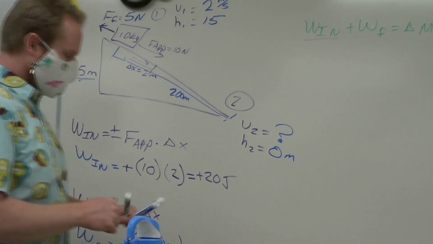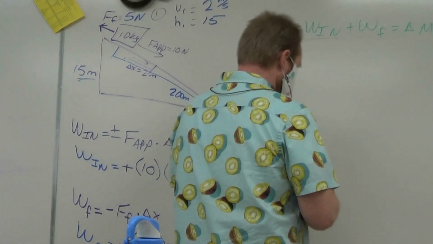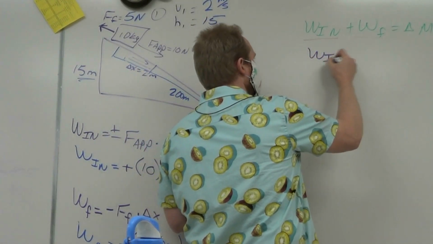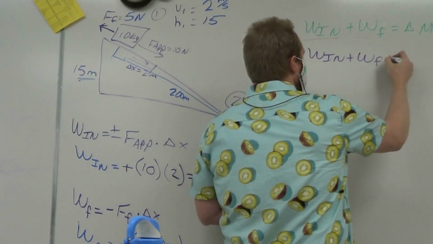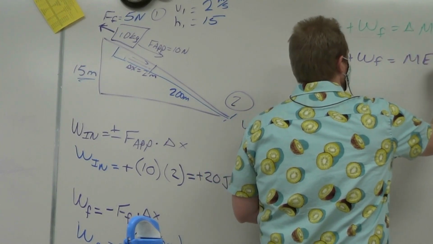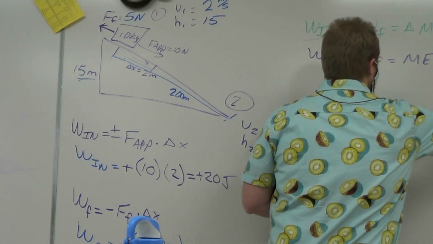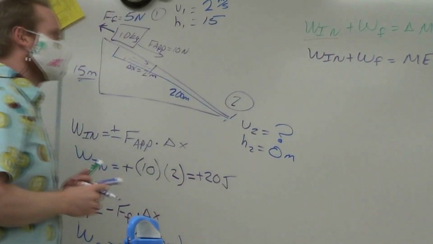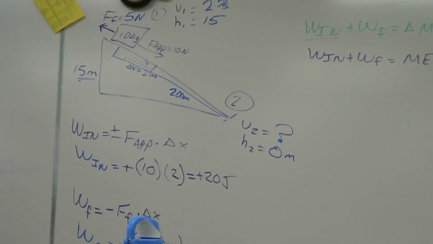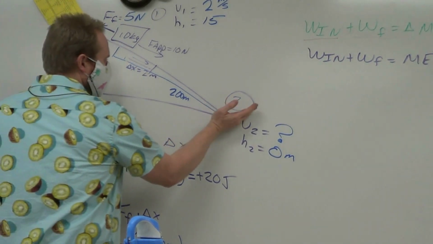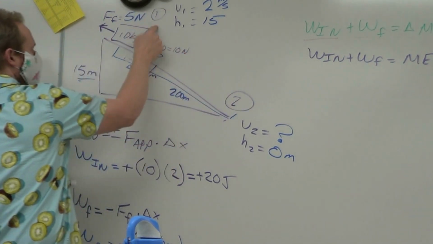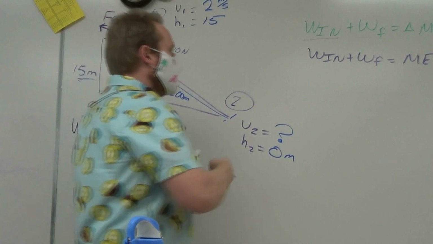All right, now work in plus work done by friction is equal to change in mechanical energy. Before we start plugging numbers in, remember change in mechanical energy is my mechanical energy at location 2, ME2, minus my mechanical energy at location 1. So all my mechanical energy at the bottom minus all my mechanical energy at the top.